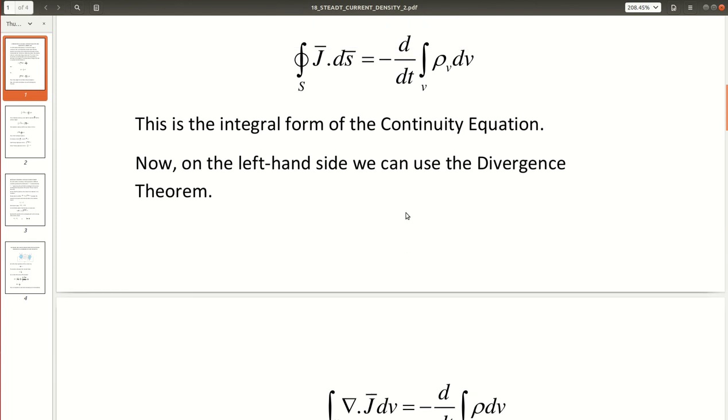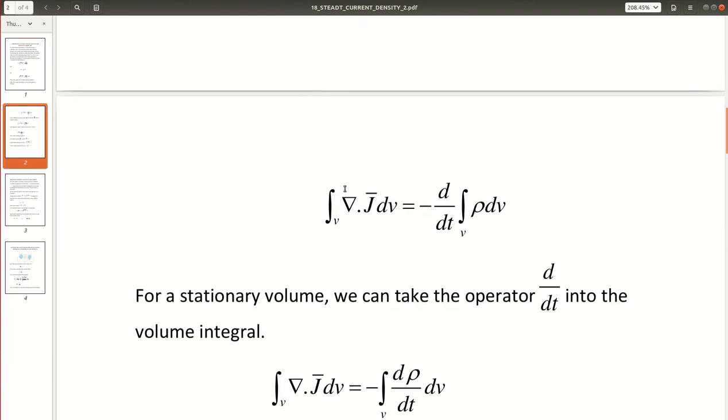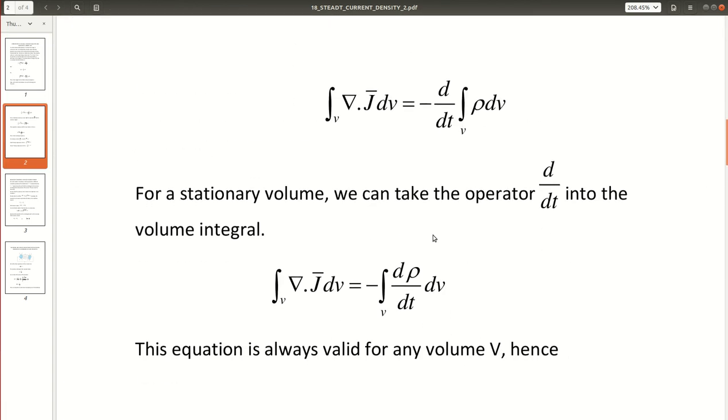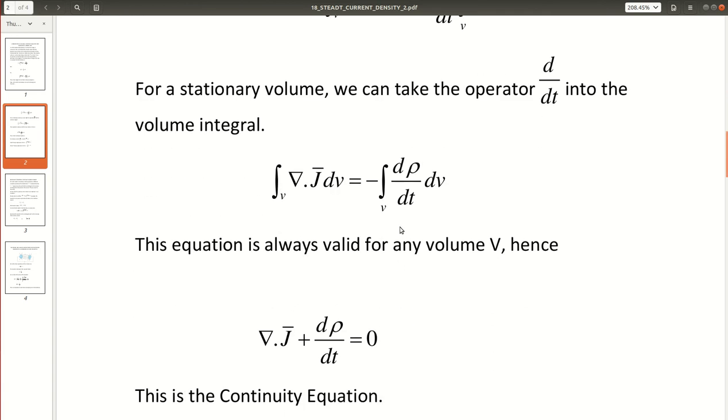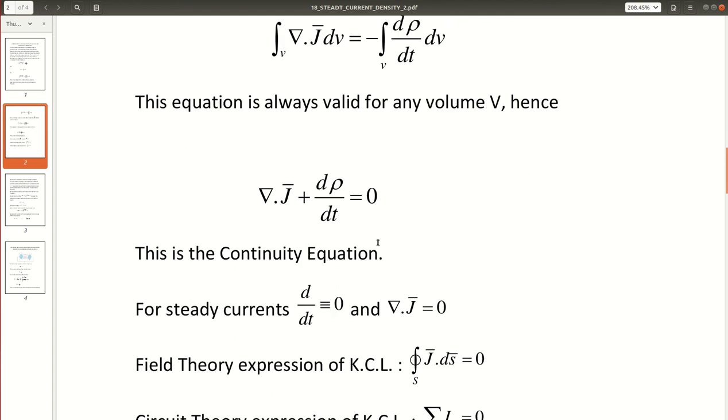In the left hand side we can take the divergence of J, and in the right hand side, for a stationary volume where the volume doesn't change, we can move the derivative inside. Taking this to the other side, you can remove the integration from both sides, and this is the continuity equation: the divergence of J plus the change in the charge density is equal to 0.